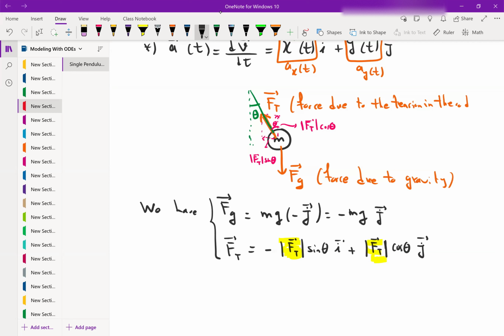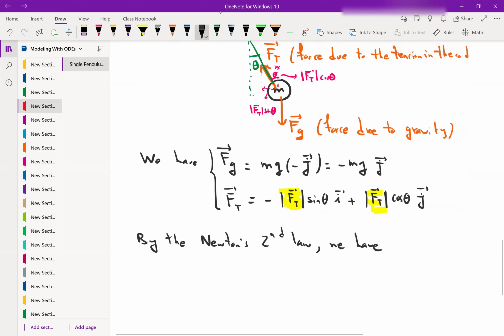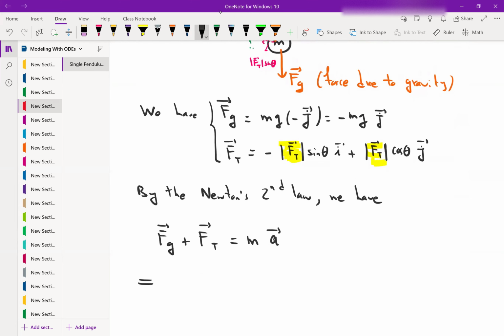Now let's apply Newton's second law. We have our free body diagram. We have everything that we need. By Newton's second law, the total force applied to the mass m, Fg plus Ft, is equal to m times the acceleration of the mass m. So what does that tell me?